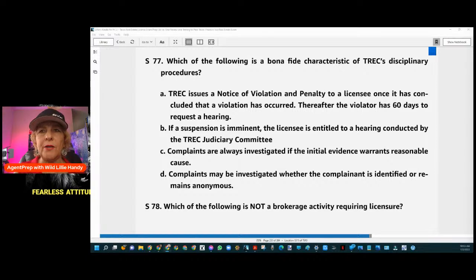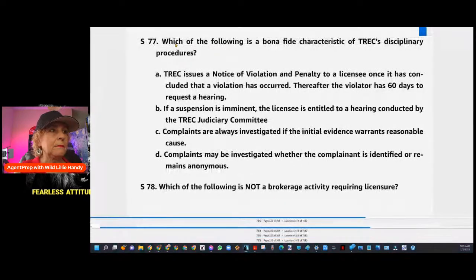So first they have to have reasonable cause before investigating it. They're not going to just investigate every single complaint, because some complaints will not be valid. A lot of individuals are sue happy and believe that they are always right, okay? Not the case.